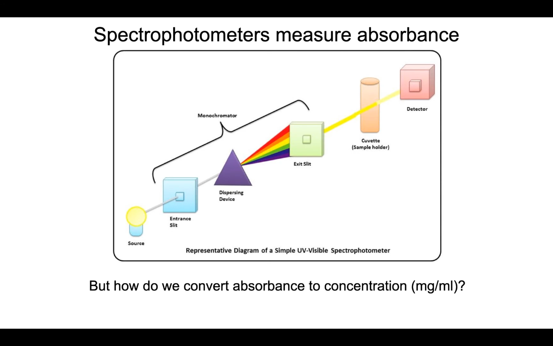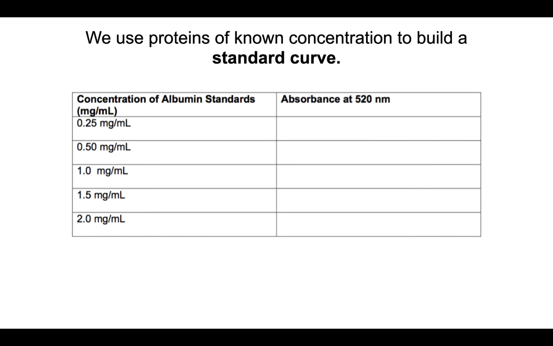You'll get an absorbance, and that absorbance is unitless. It'll be like 0.2 or 0.5 or 0.7, no unit. The question is, that's absorbance, but we want to know concentration. How do we convert the absorbance from the spectrophotometer to concentration, milligrams per mil? The answer is we have to build a standard curve using standard proteins.